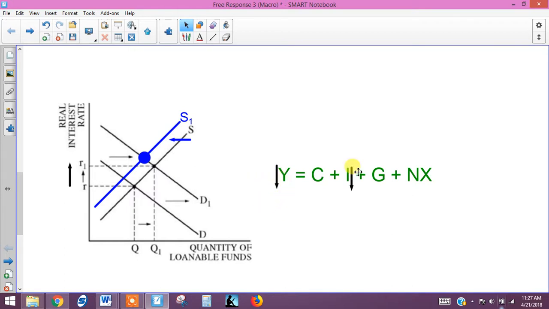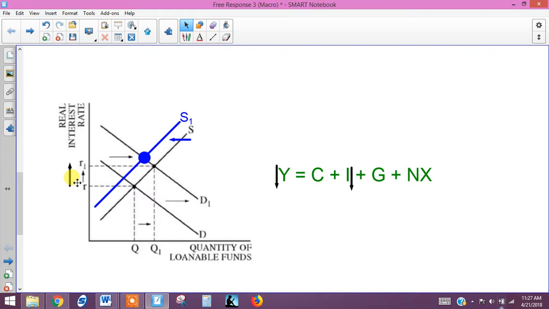If we have less investment because it's more expensive to borrow the money to invest, then we're going to have a reduced economic output. And you can show this if you want to, that will be helpful. But the most important thing is that you just explain that when there is a higher real interest rate, that means fewer firms are going to borrow the money to invest, because borrowing is more expensive.